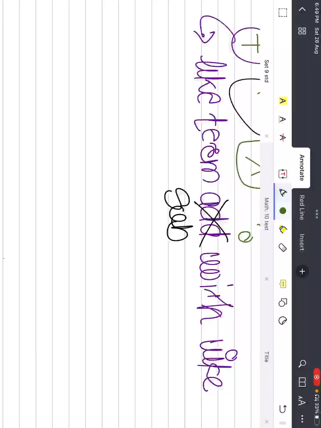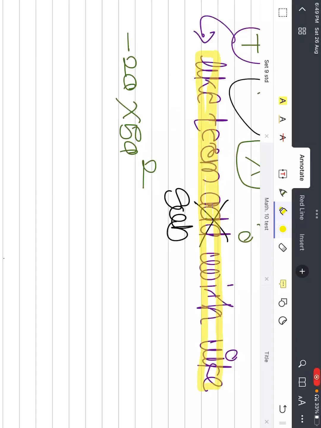So let's talk about the first example: minus 2a multiplied by 5a square. Okay, so quickly go back and check this. Like terms add with the like terms. Similarly, like terms subtract with the like terms.